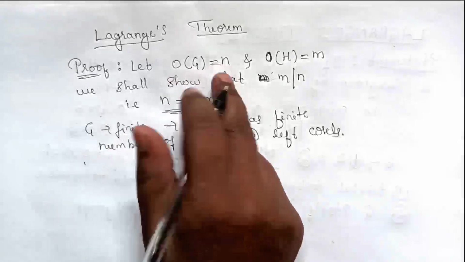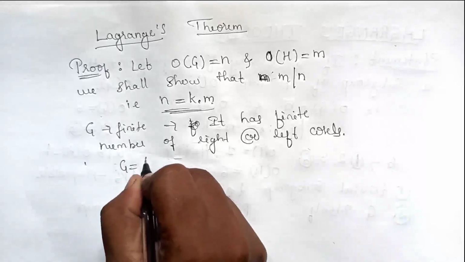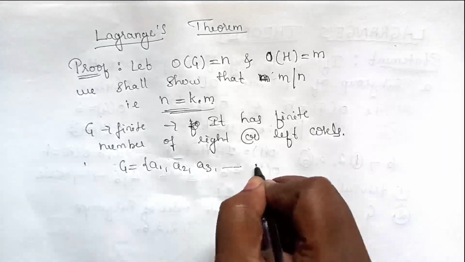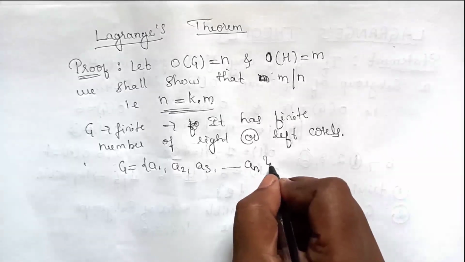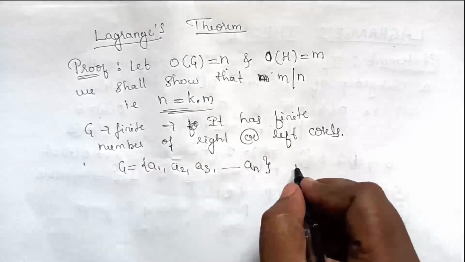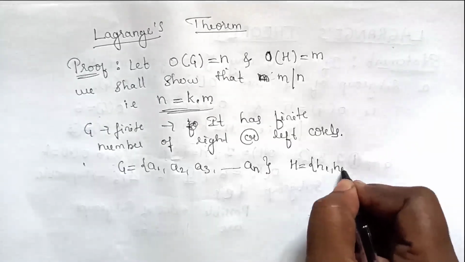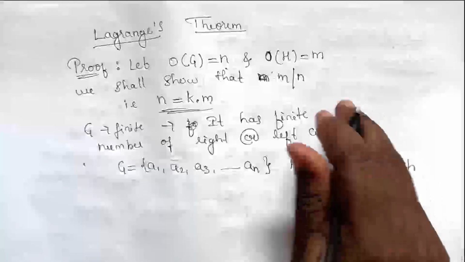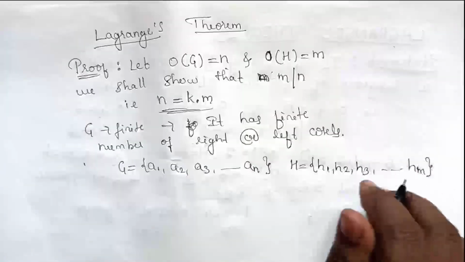Order of G equals n means, suppose G has the elements a1, a2, a3 and so on up to an, because the order is n, it has n elements. And H has the elements h1, h2, h3 and so on up to hm, because order of H equals m, so it has m elements.